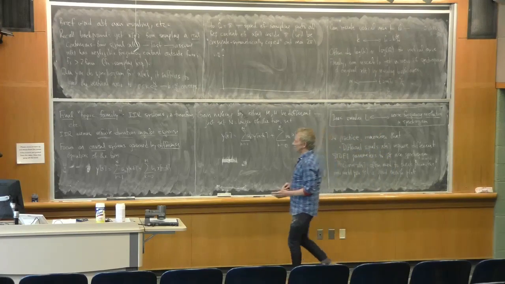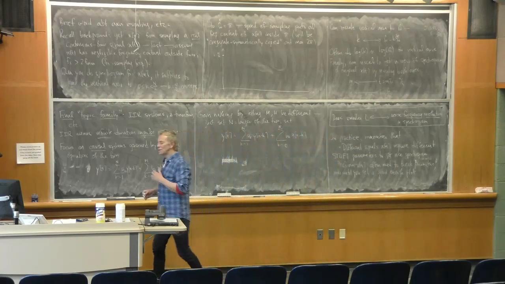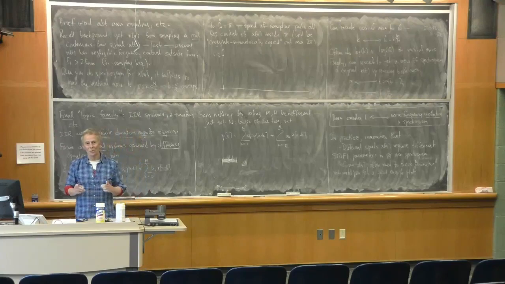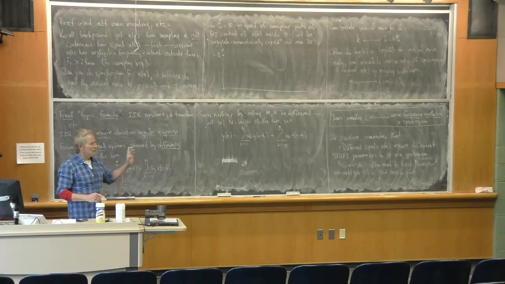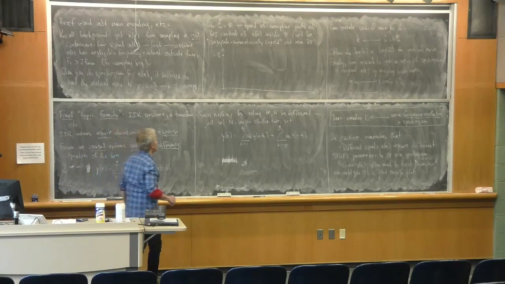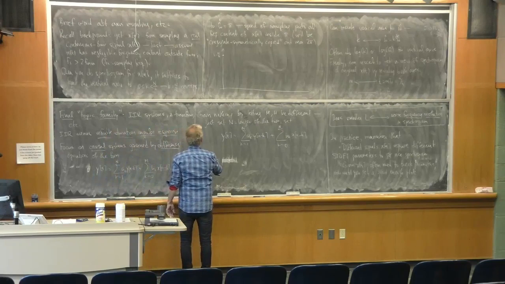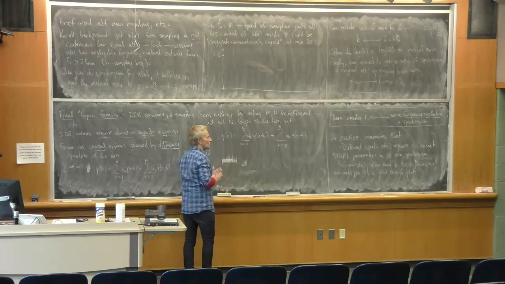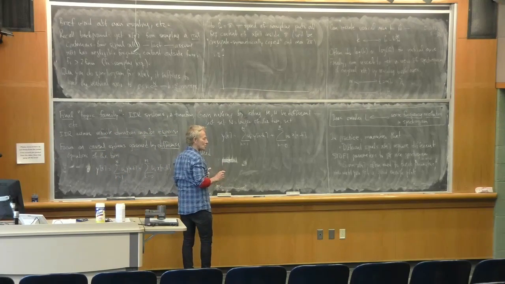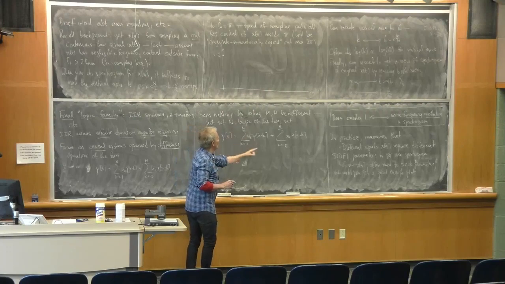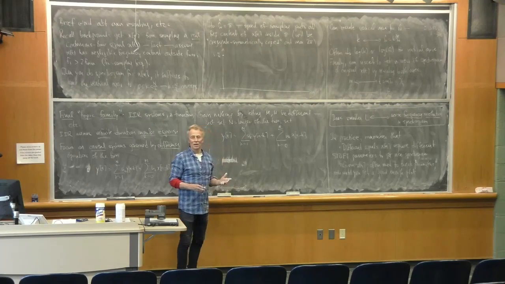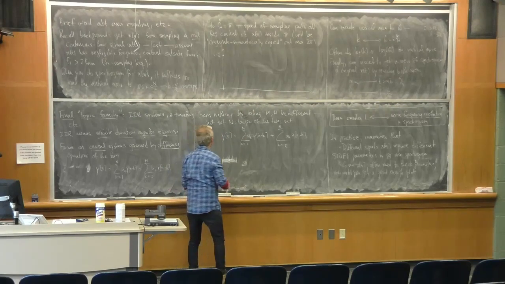Now, I claim that we need to be careful. We need to be more careful than the book is in understanding what makes this an I/O system that takes x's to y's. So we need to do some extra work to make sure that this equation here gives rise to a well-defined I/O relationship.